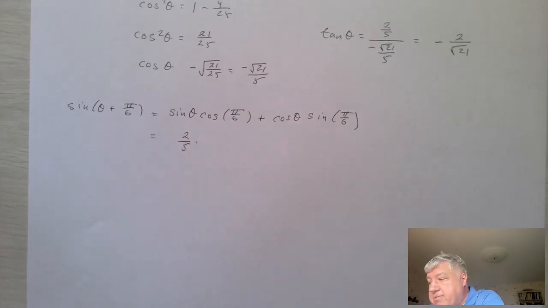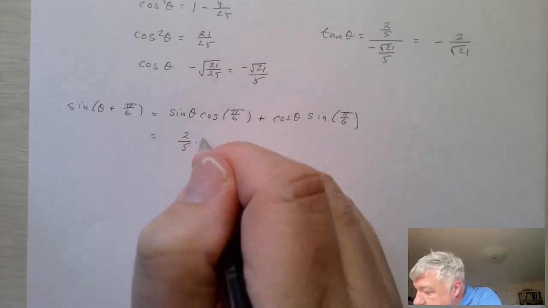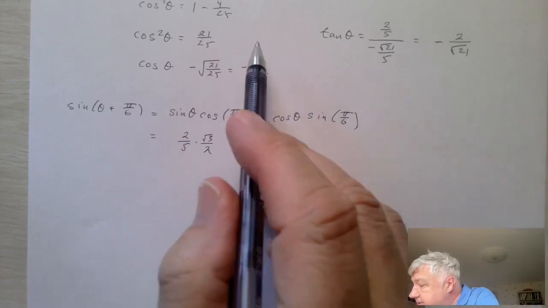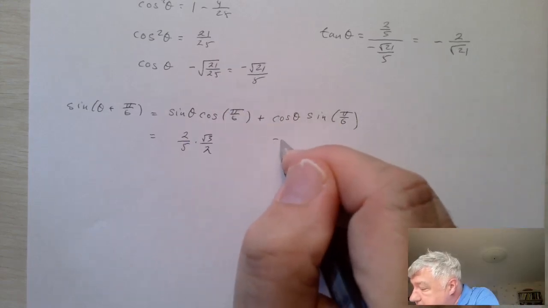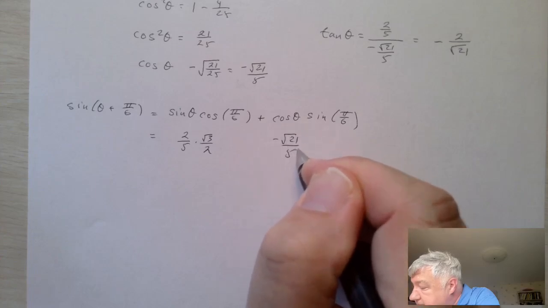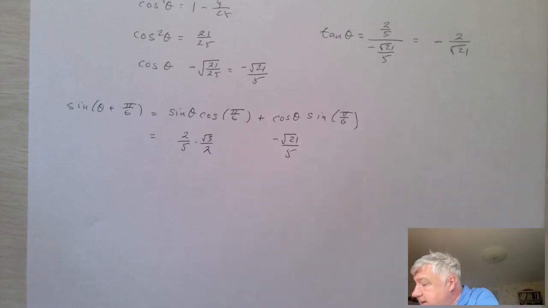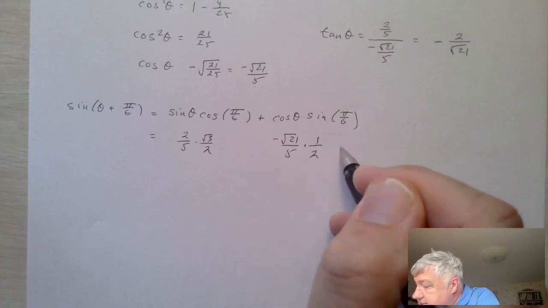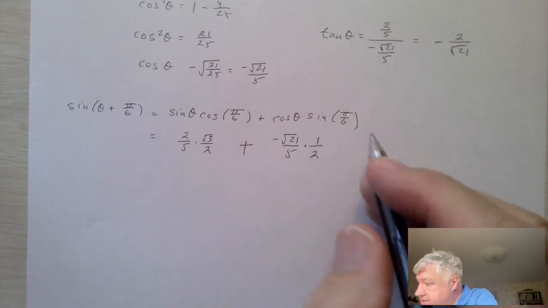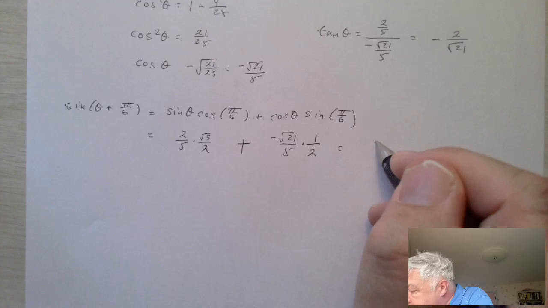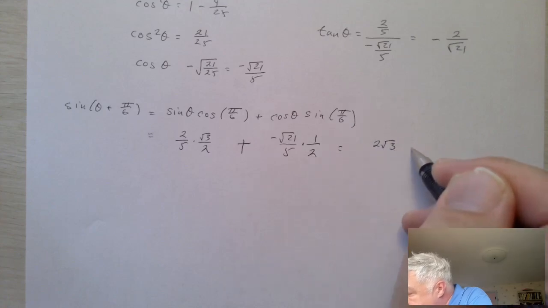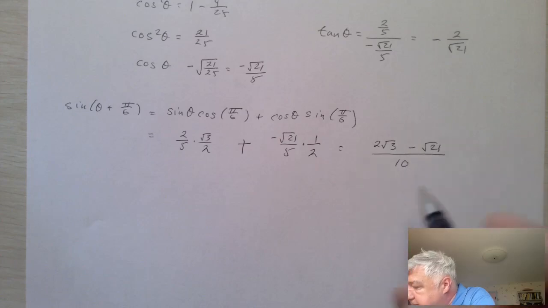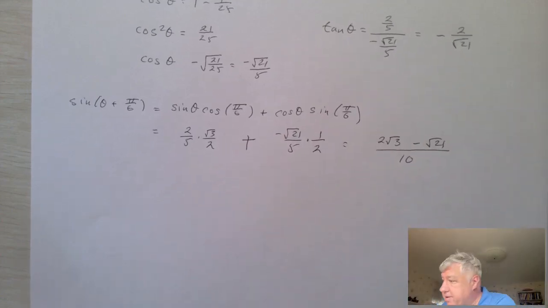Cosine of pi over 6 is square root 3 over 2. Cosine we found is negative square root of 21 over 5, and sine of pi over 6 is 1/2. We're adding this, so this is going to be 2 square root 3 minus the square root of 21 all over 10, because we have a common denominator here.